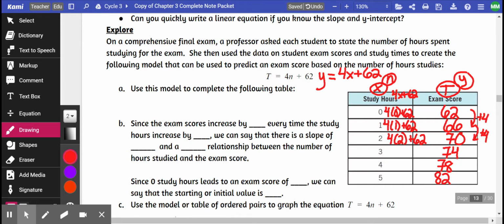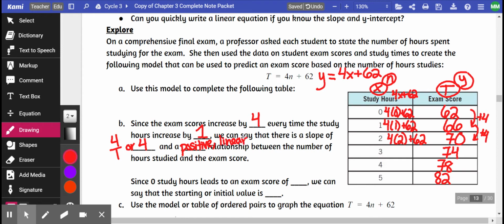So part A, we already completed the table. So for part B, it says, since the exam scores increase by 4 every time, the study hours increase by 1. So the exam scores increase by 4 for every 1 extra hour studied. We can say that there is a slope then of 4 over 1, or 4, and a positive linear relationship.